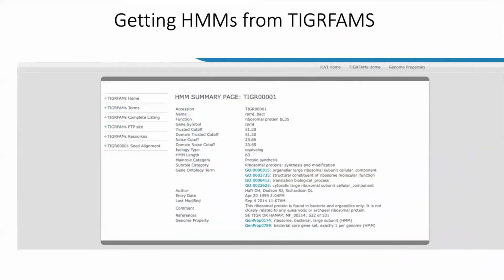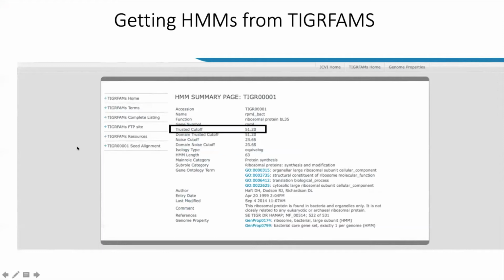If you click on the first HMM, for example, for the ribosomal protein L35, there's a bunch of information about this HMM, including the citation. So you can actually copy and paste this link into your Google search and read this paper and find out more about this family, about this gene.